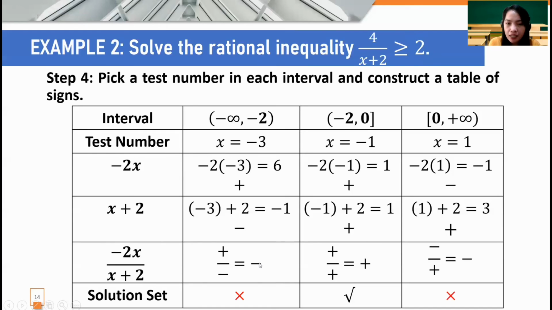Is that negative numbers or positive numbers? Those are positive numbers. So we are going to decide that this is the solution set. This interval is the solution set. Okay? This is wrong because negative numbers came out, negative.